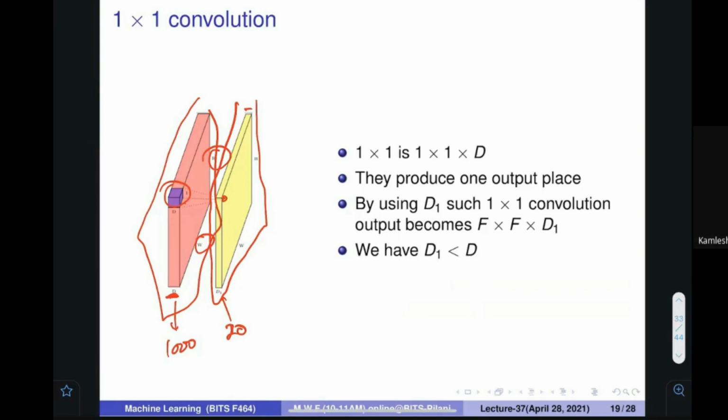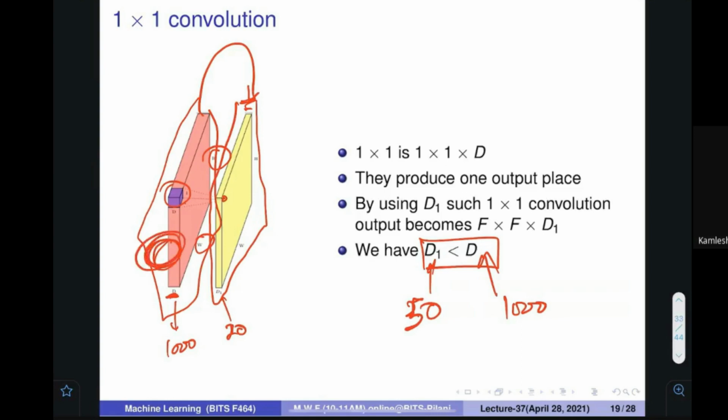So instead of using this thing to do a computation, I'm going to utilize this smaller one for doing the computation, where D1 is very less as compared to D2. As I told you, if D is 1000, D1 could be 20 or 50 or so. So the same thing has been realized as a smaller size, and therefore it is going to have a lesser number of computations.